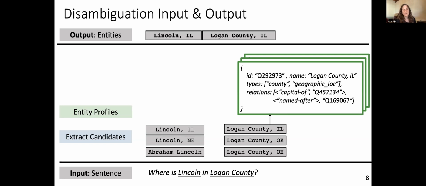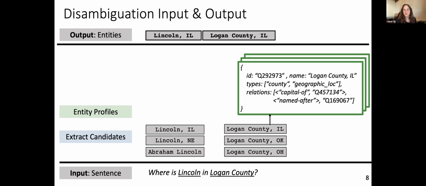This is basically information that's stored in a database, which is things like the entity type, unique identifier, and importantly, any structural metadata associated with that entity, such as the entity type or the knowledge graph relationships that entity is associated with. And I'll mention a little bit later how we actually extract this information in a self-supervised manner.